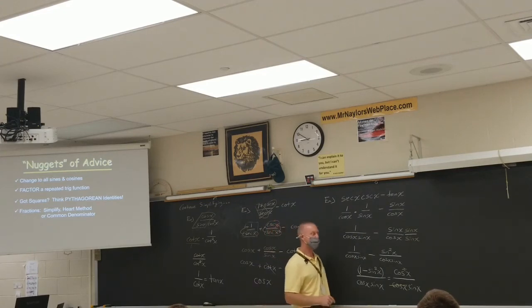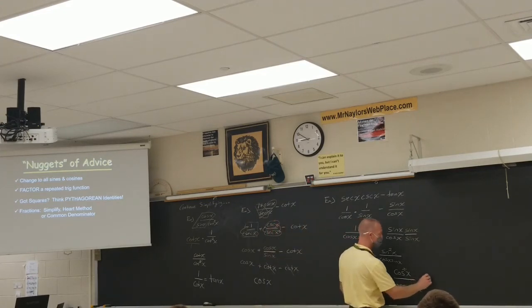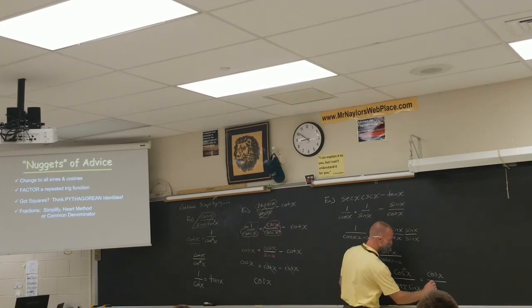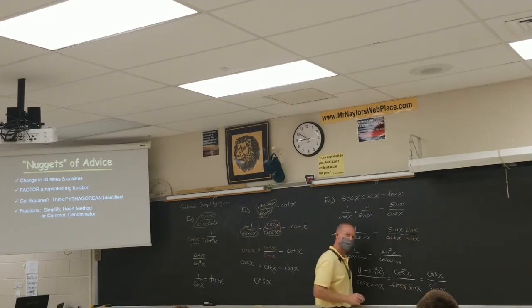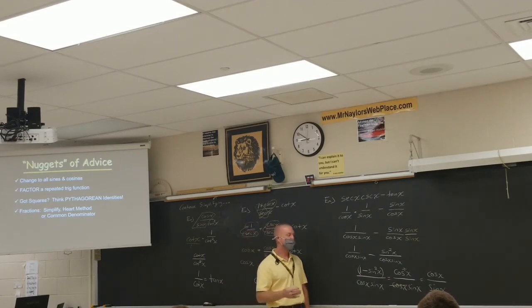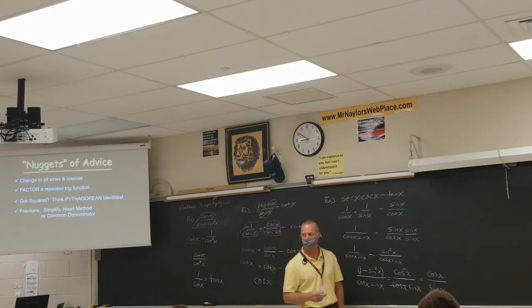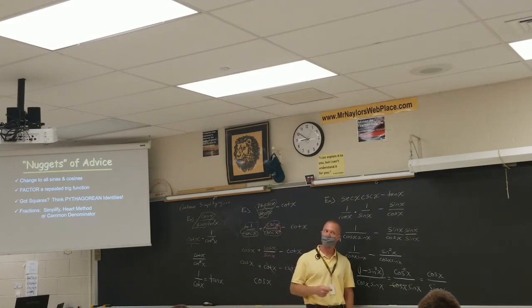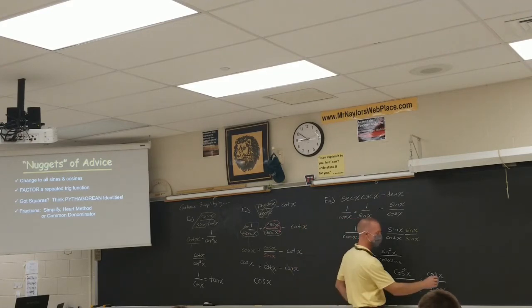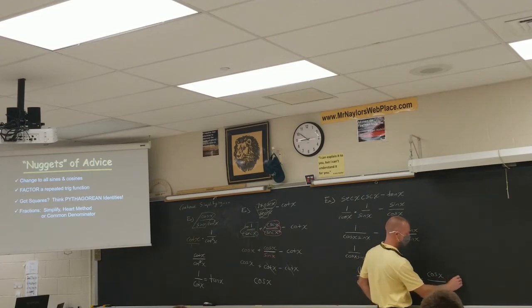Of course, one of the cosines cancels in the numerator, but I'm still left with a cosine. In the denominator, I'm only left with sine. But there'll come a day where you will say, I'm not done, because cosine over sine is equal to, now this would be a quotient identity, so it would be near the front of your little book, cosine over sine is equal to cotangent.